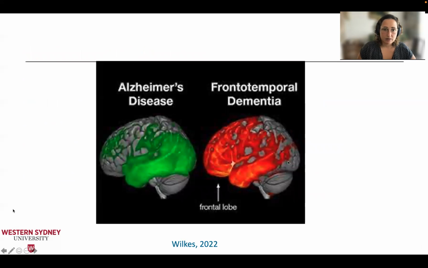So here, when you're looking at Alzheimer's disease compared to frontotemporal dementia, Alzheimer's really heavily affects the temporal and visual cortex areas of the brain and the hippocampus, whereas frontotemporal dementia first begins around the frontal areas of the brain, as well as the temporal areas, to cause these symptoms.